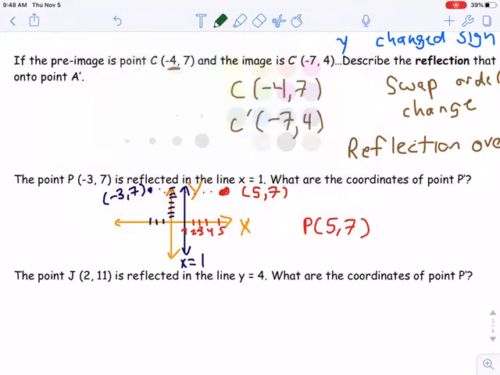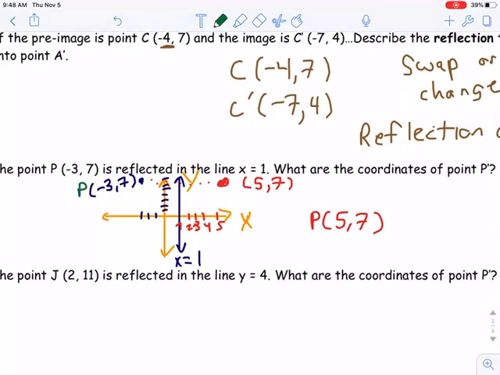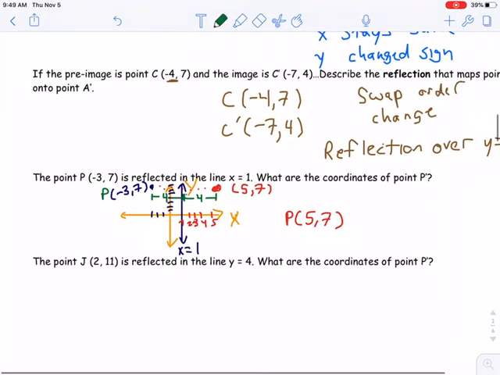So just to summarize, P was 4 to the left, so it needs to be 4 to the right. It needs to be equidistant. So that should actually say P prime right there. This problem's a lot more challenging than it looks like.